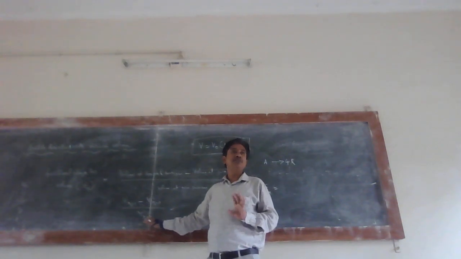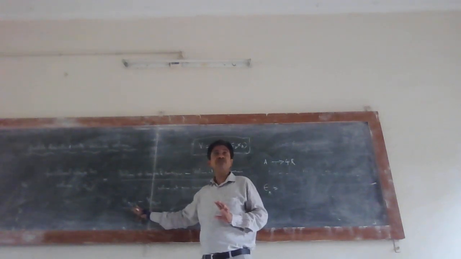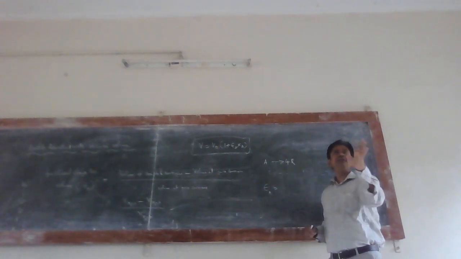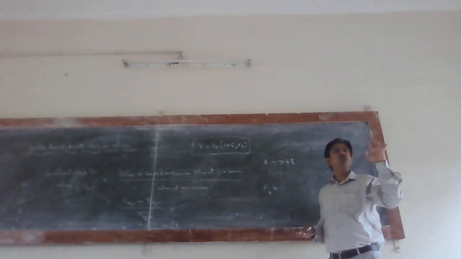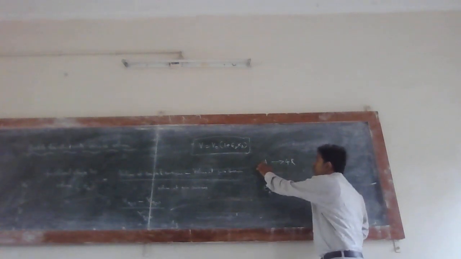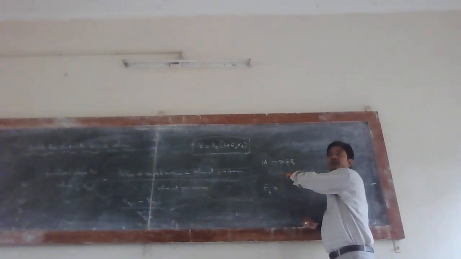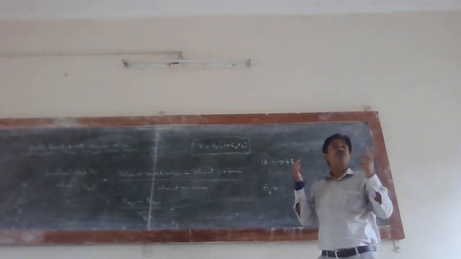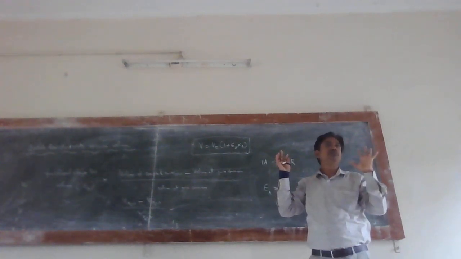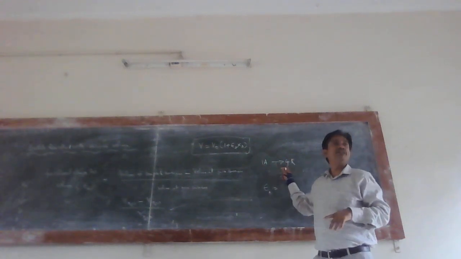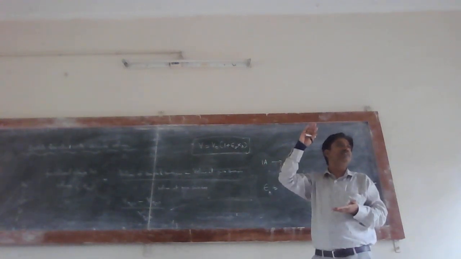What is the volume at 100% conversion? If the reaction is given time to go on completely, 1 mole of A gives 4 moles of R. If I give time, completely converted means 4 moles are obtained. That means the volume has increased 4 times.